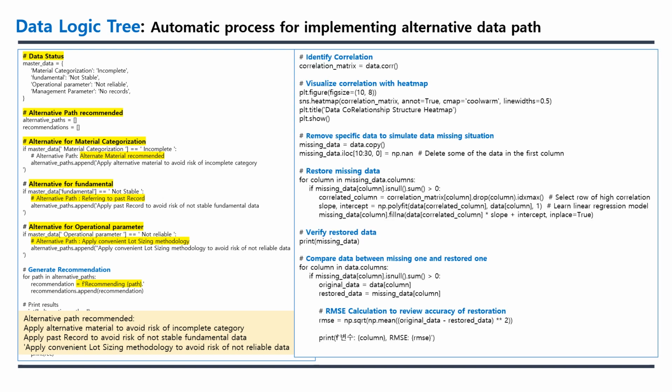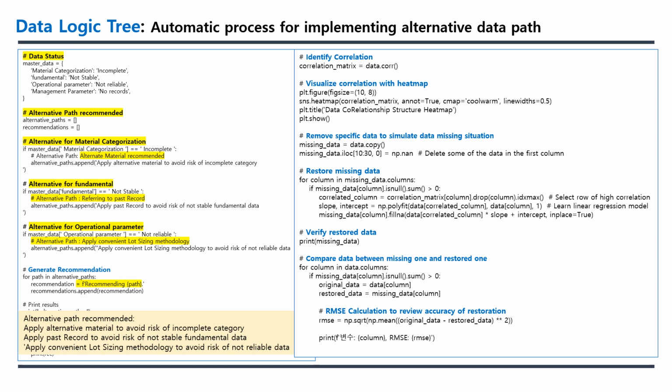Then for specific identification or discovery of the data, we can utilize this kind of information. So if data is not ready or if data is missing, then based on those correlationship matrices and correlationship interrelationship, we can simulate like this.